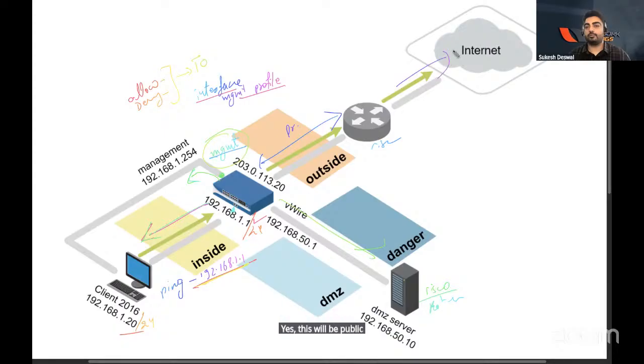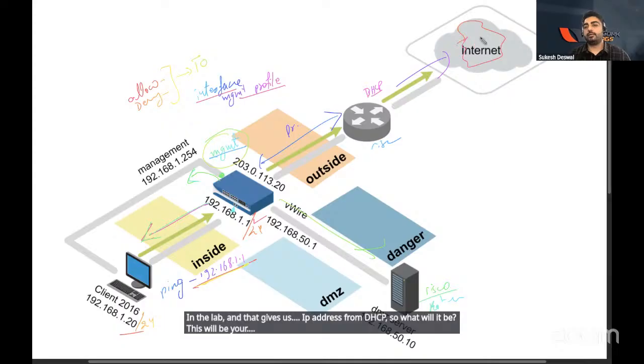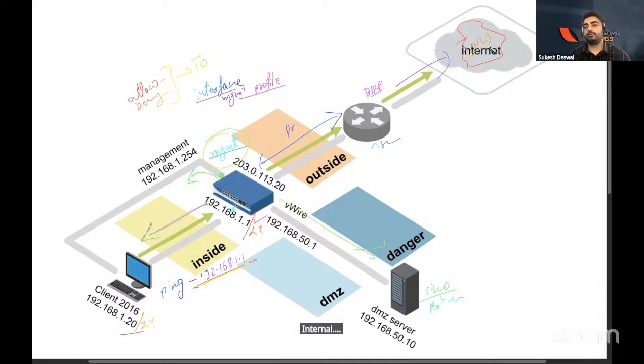This is further connected to a cloud in the lab, and that gives us an IP address from DHCP. This will be your internal network, and that further will take you to the internet. Okay, so that's how our lab setup is.